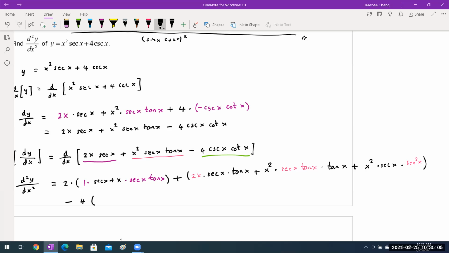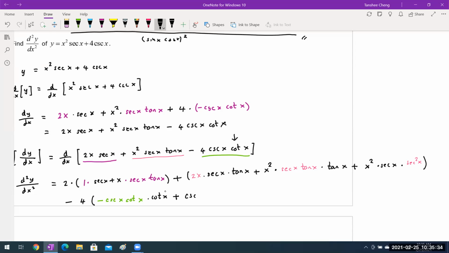So the derivative of the first factor, which is cosecant x, excuse me, the derivative of cosecant x is negative cosecant x cotangent x times the second factor, which is cotangent x, plus, now we're going to take the derivative of the second term right here.